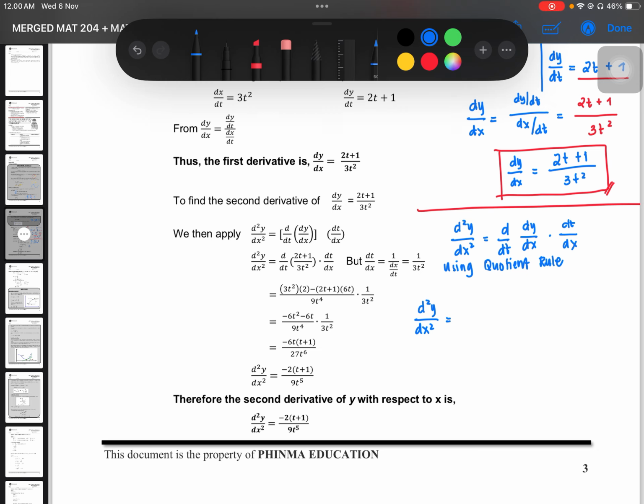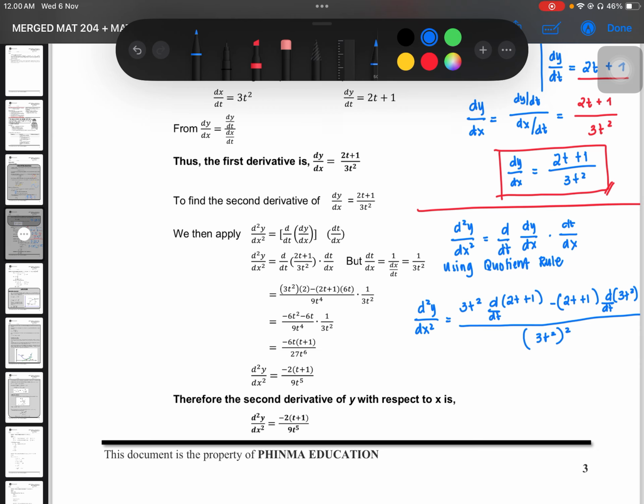Okay, v natin, inilalagay sa ilalim, 3t squared, kopya. Then, derivative ng nasa taas, which is 2t plus 1 with respect to t. Then, minus u naman, 2t plus 1, then derivative ng nasa ibaba, which is 3t squared with respect to t, all over 3t squared, then quantity squared.